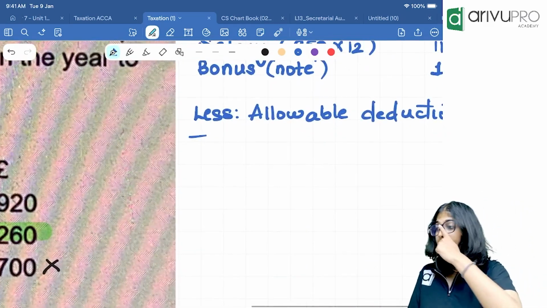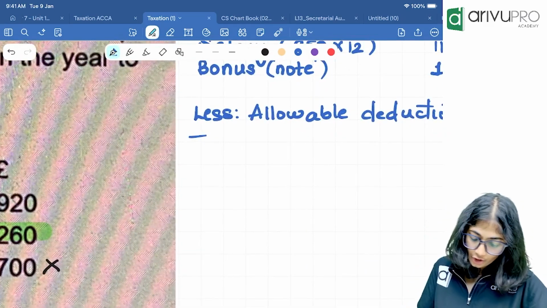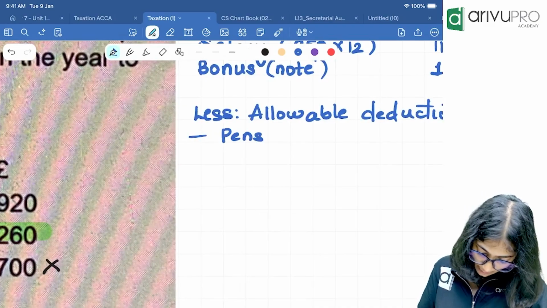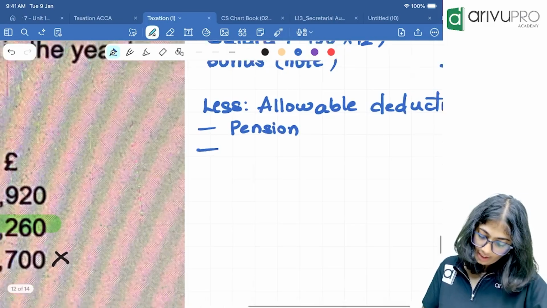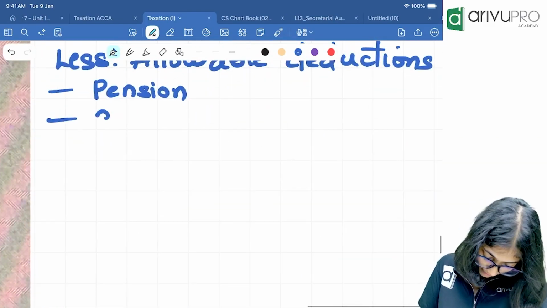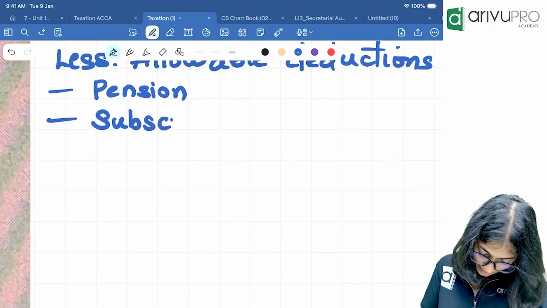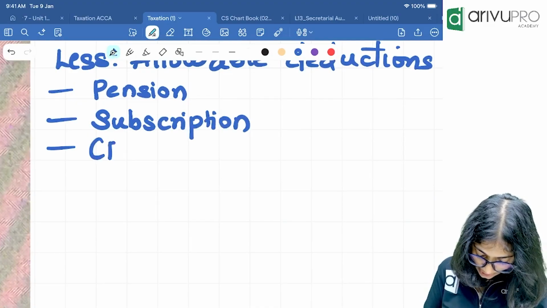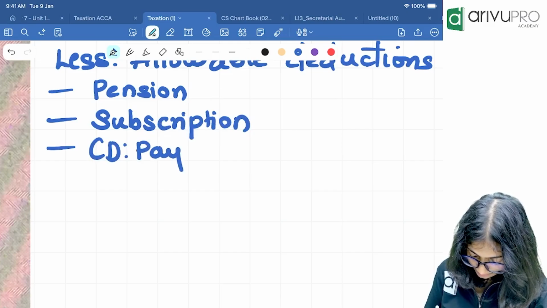In the exam, you are going to write the entire thing: contribution to occupational pension scheme. I'm just going to write it in short here. Pension. Here, subscription. And charitable donation under payroll deduction scheme.